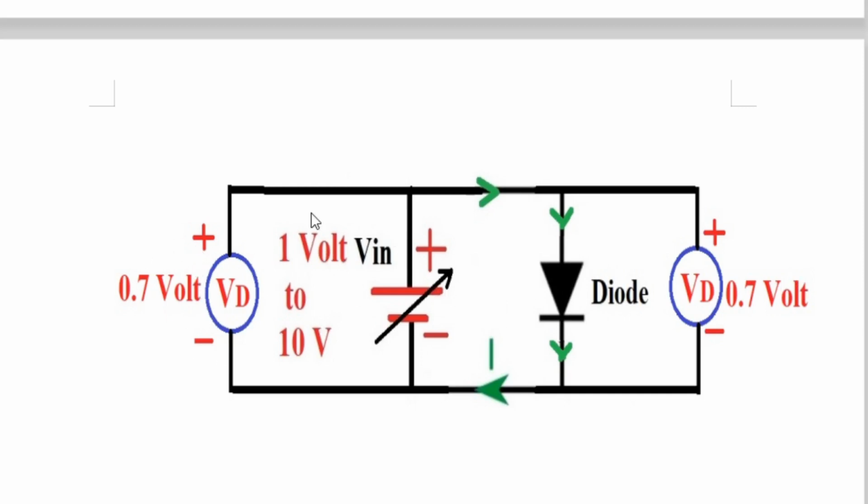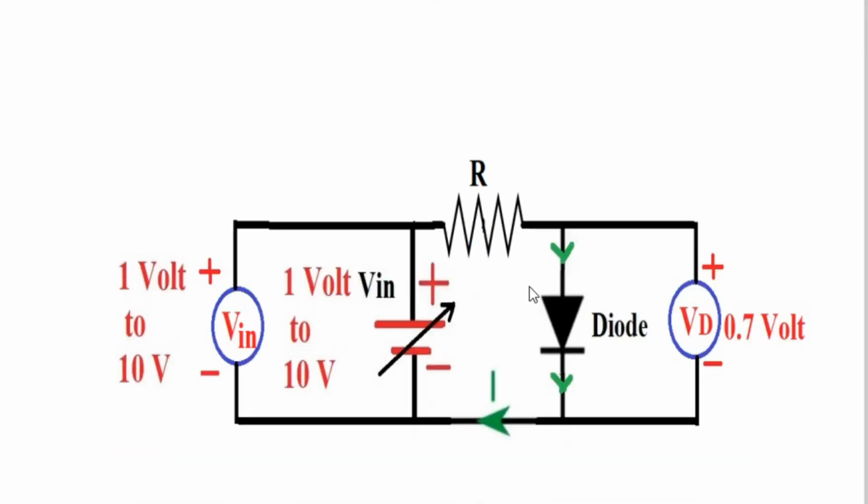Now, if you feel this voltmeter should measure the variable 1 to 10 volt, then there should be a separator, meaning this positive terminal and this positive terminal should not be common. So here there is now a resistor R in between the anode of the diode and the positive of the battery.